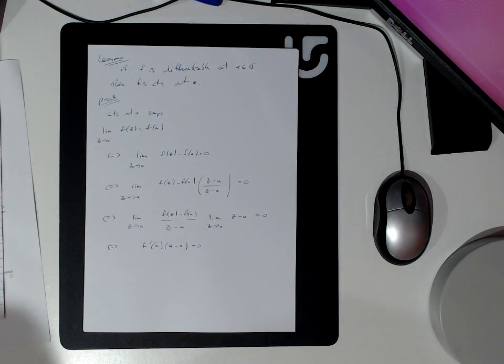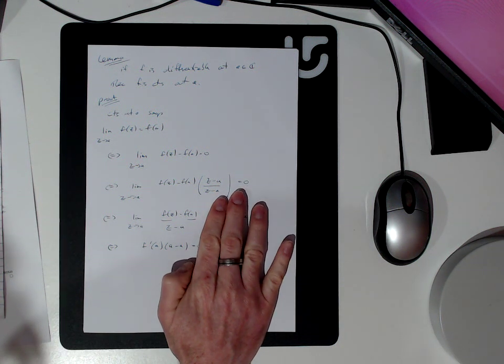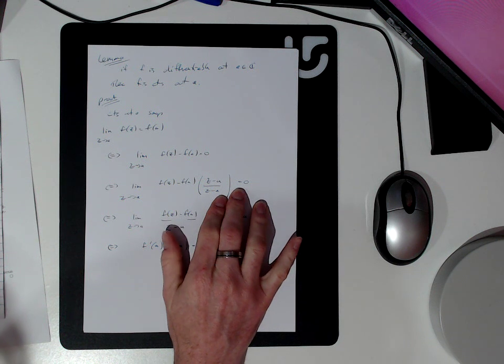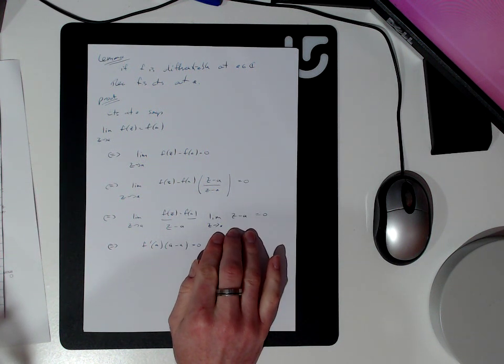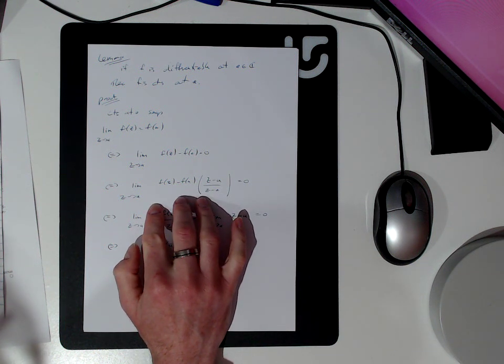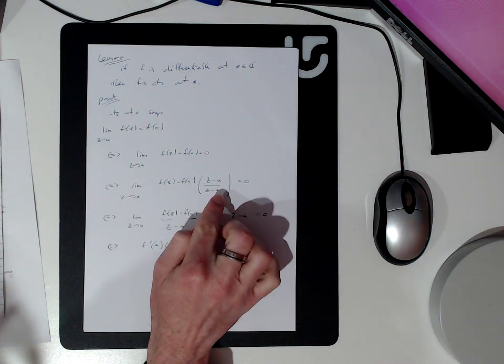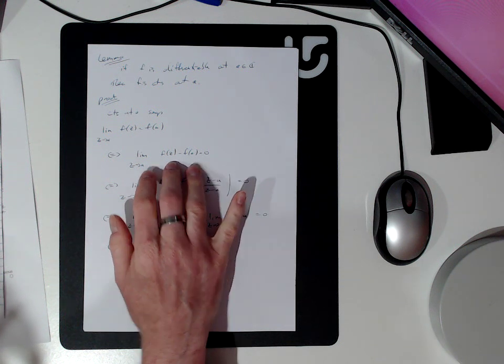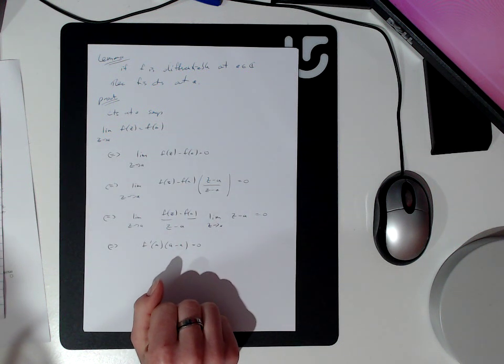So what does that tell us? If the derivative exists, we know that that has a limit, and that's f'(A). We also know that this limit has to exist. Then we know that this is true because these terms will cancel, and since we know that this is true, we know that is true.